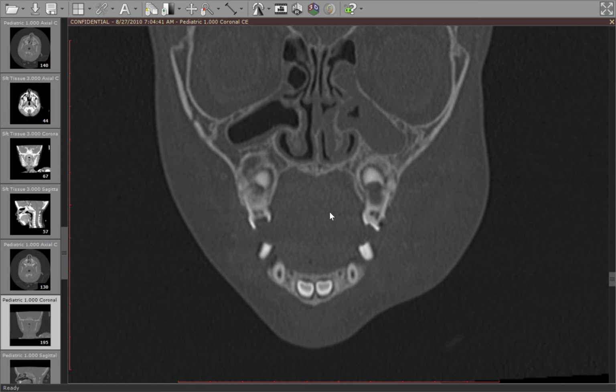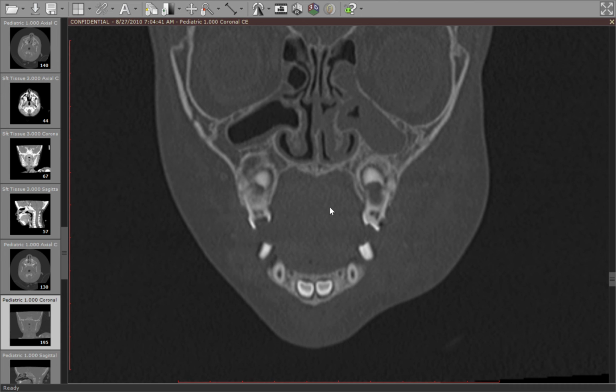The other teaching point is that there are often periapical radiolucencies in developing teeth or teeth that haven't fully matured their apices, which can take 6 months to 2 years after first eruption. So you don't want to call it decay. And then finally, the last teaching point is that the furcation is often involved in decay in primary teeth, as was the case here. But furcation bone loss in an adult is typically from periodontal disease.